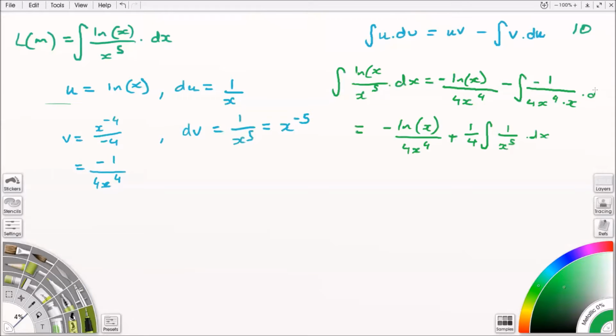We're integrating with respect to x, so I'll put dx on the end. Now I think we're all good to move forward. In fact, just to really drive the point home, I'm going to integrate x to the negative 5. That's just the reverse power rule, which we've all done plenty of times before on this channel.